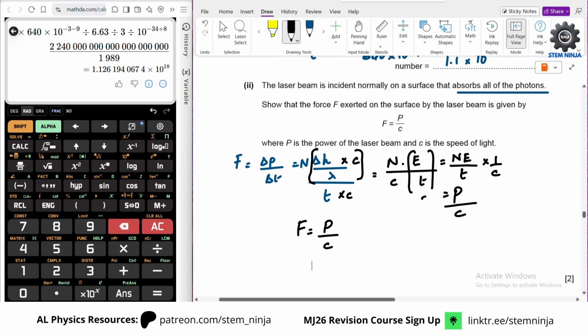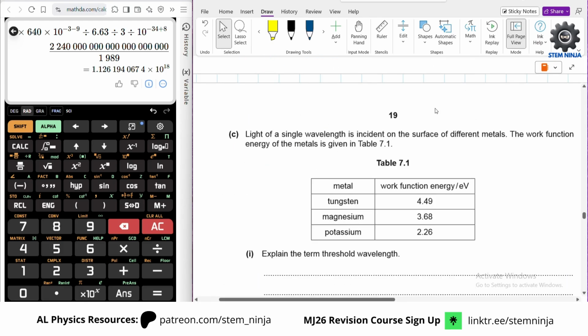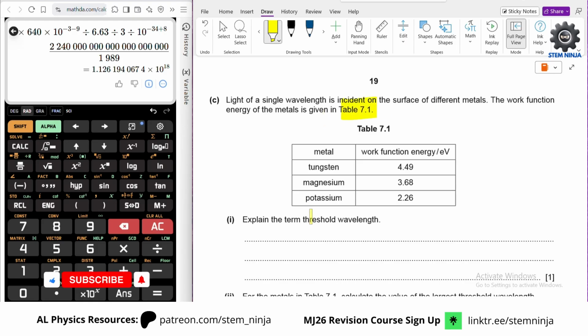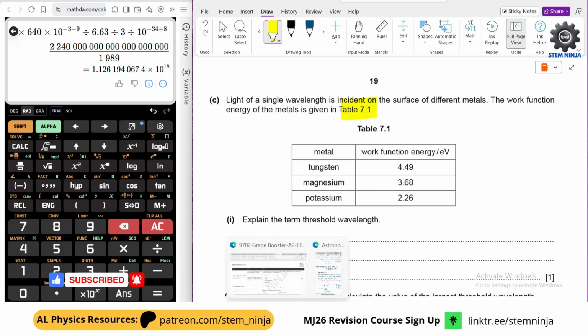Moving on. Light of a single wavelength is incident on the surface of different metals. The work function energy of the metals is given in table 7.1. Explain the term threshold wavelength. We have this in the grade booster pack also, although this is frequently easy.